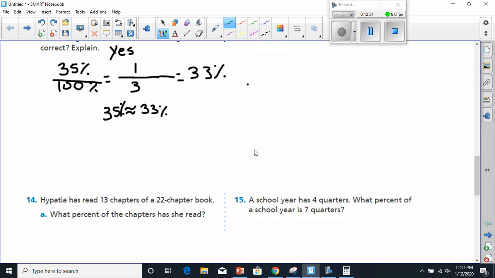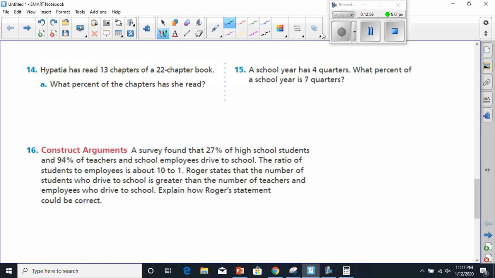All right, let's go to number 15. Number 15 is saying that a school year has 4 quarters. 4% of a school year is 7 quarters. Okay.